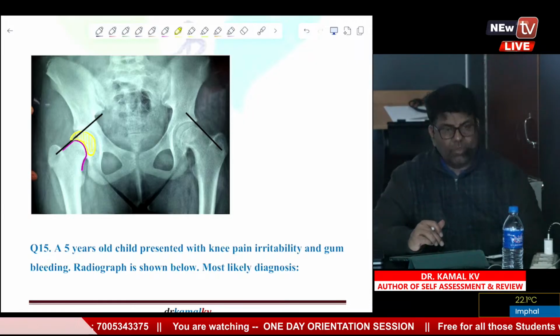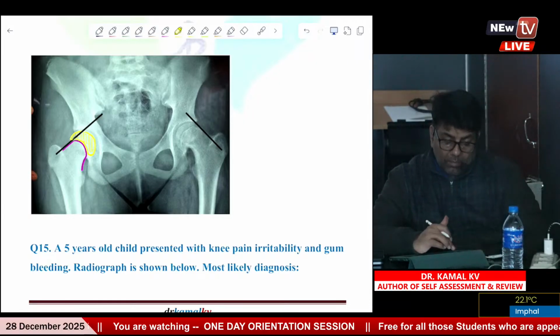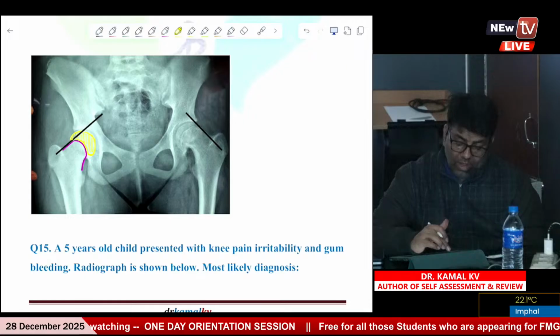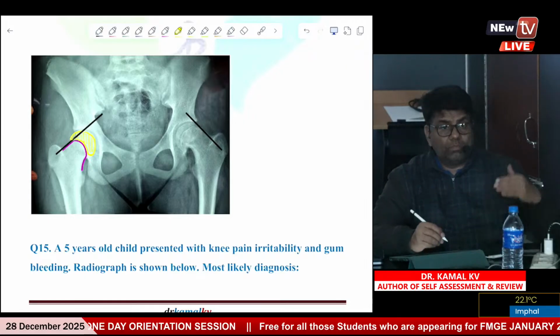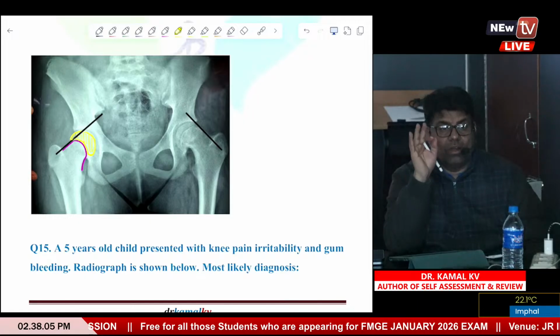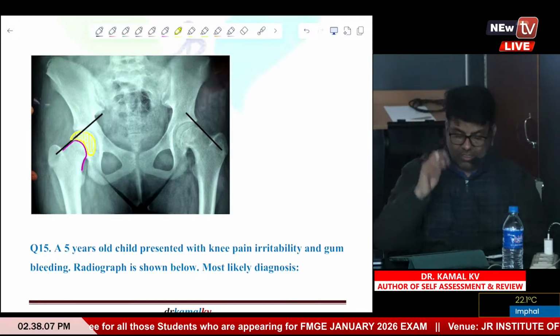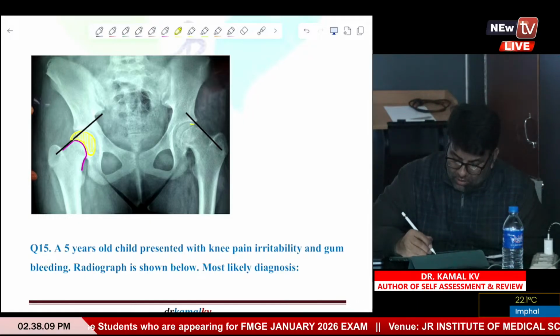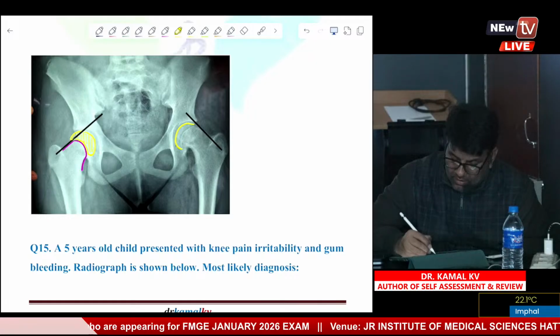And what we see, if we draw a line along the upper border of neck of femur, it should pass through the substance of femoral capital epiphysis. But look on this side, what has happened?